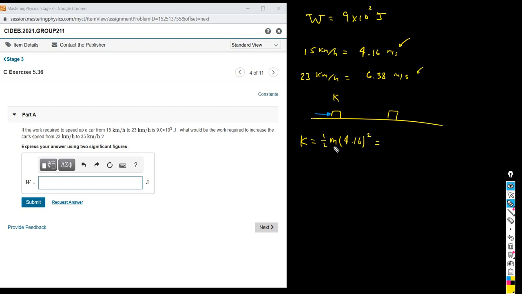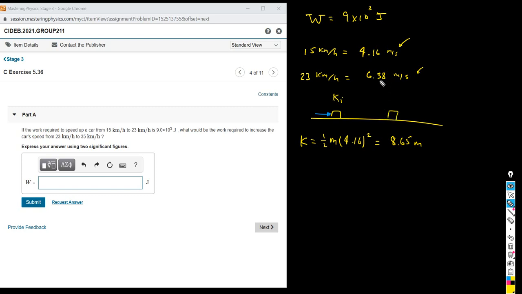Even though we don't have the mass, what I mean is basically multiplying 1/2 times this number squared. That's all I need you to calculate. You're gonna see how this one works. So we get 8.65 m times m, because remember we still have this variable, and let's call that Ki for initial kinetic energy.